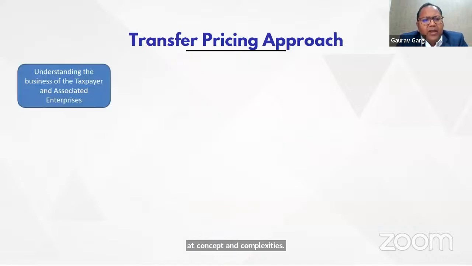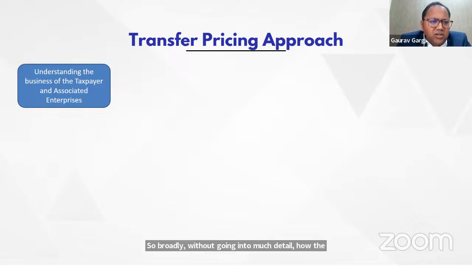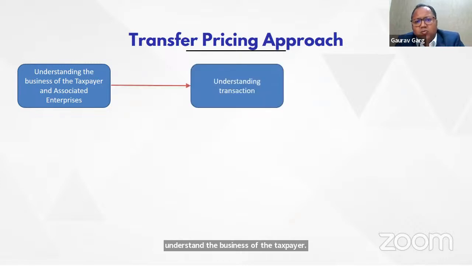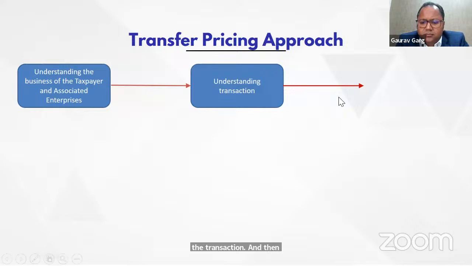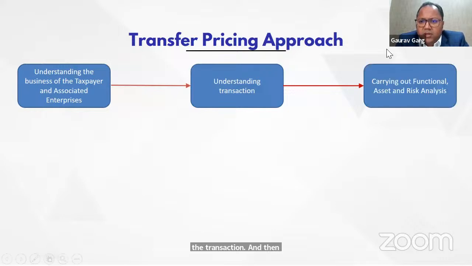So broadly, without going into much detail, how does the entire system work in transfer pricing? First of all, you understand the business of the taxpayer and the associated enterprises. Then you move on to understand the transaction. You identify and understand the transaction. And then one carries out functional, asset and risk analysis.